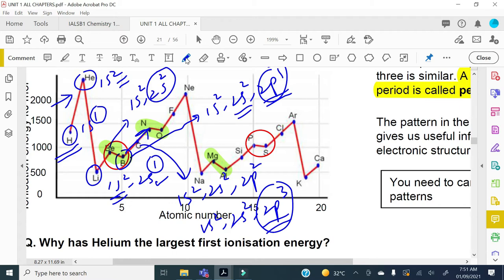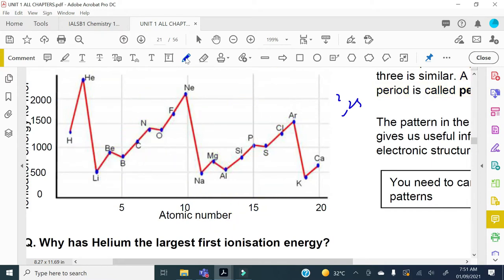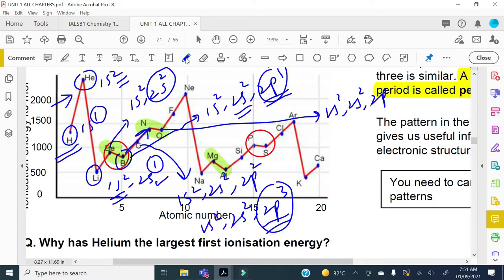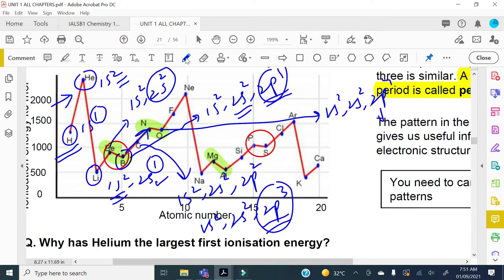Moving towards oxygen, you will find that the electronic configuration of oxygen is 1s2, 2s2, 2p4. Now, if I elaborate a little bit on this 2p4, you will find that it is classified into px, py, and pz.